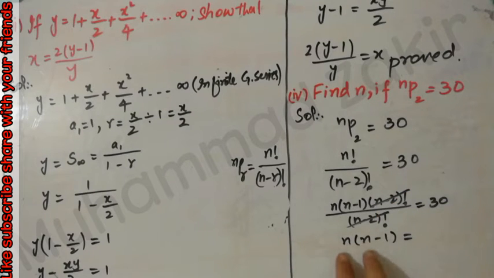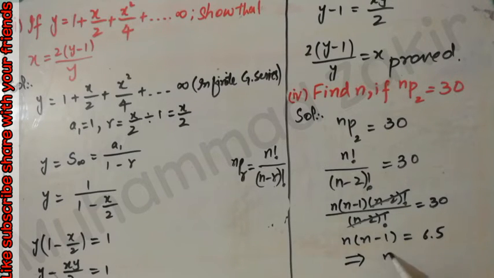So these two are consecutive positive integers. N is one positive integer, and this is one smaller than that. We can write this as the product of two consecutive positive integers, 6 and 5. So from here we can see that this n corresponds with 6, and the one smaller corresponds with 5 on the right hand side.